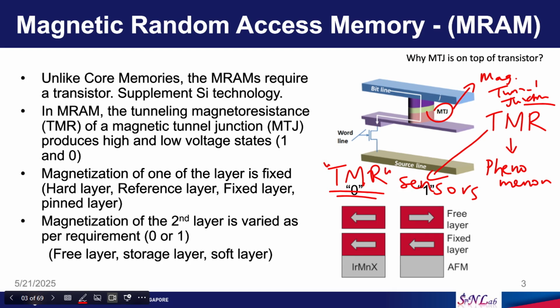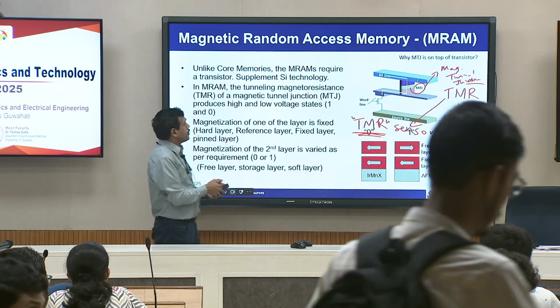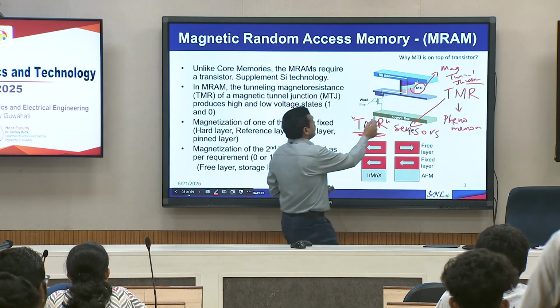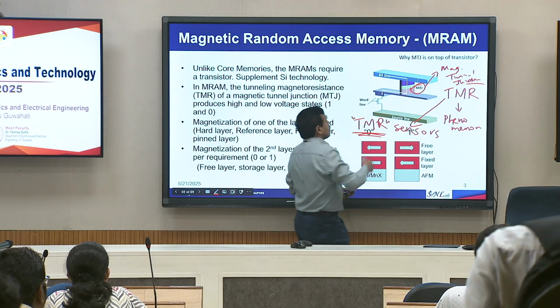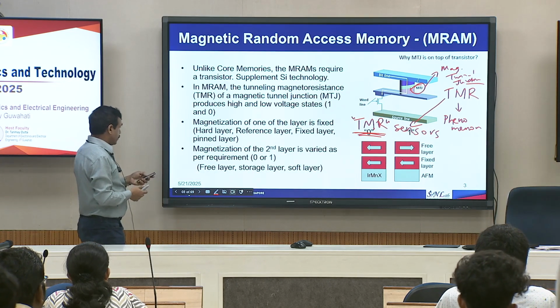It is quite likely that they continued the tradition of TMR sensors for reading information, whereas the MRAM community uses the word MTJ to represent the device that stores the information.